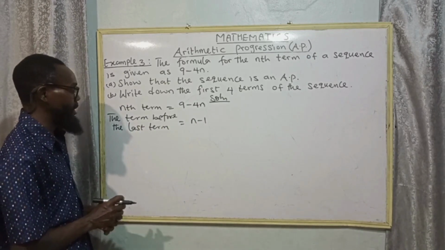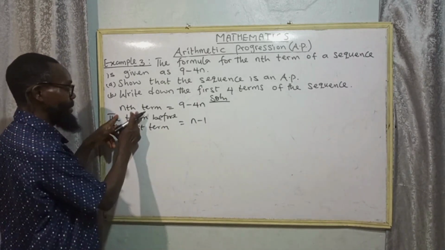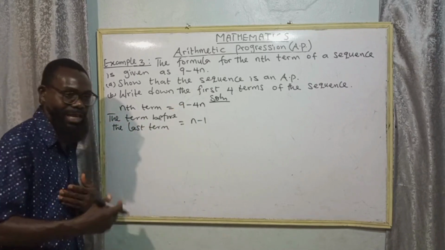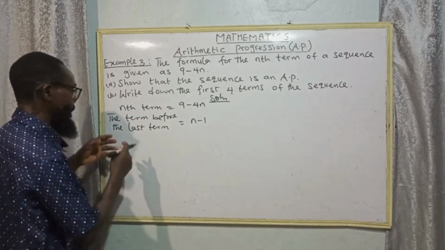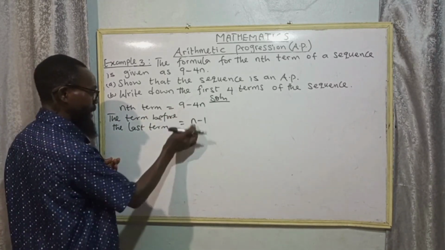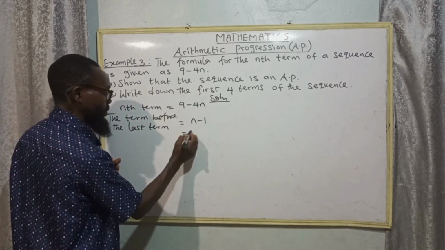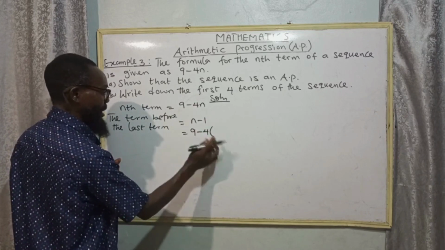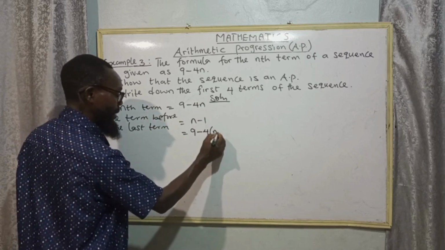So, let us now look at the term. If the nth term, meaning the last term, is 9 minus 4n, what of the term that comes before the last term? Let's substitute n minus 1 into this place. We're going to have 9 minus 4 brackets n minus 1.